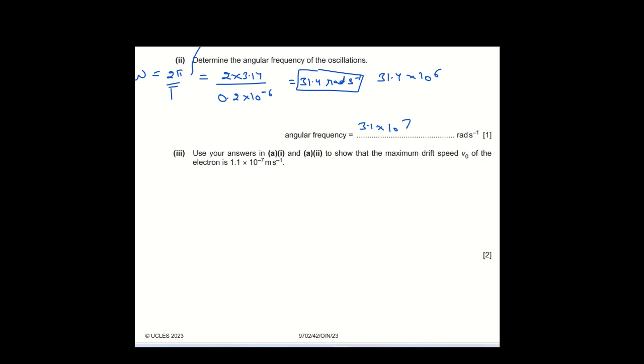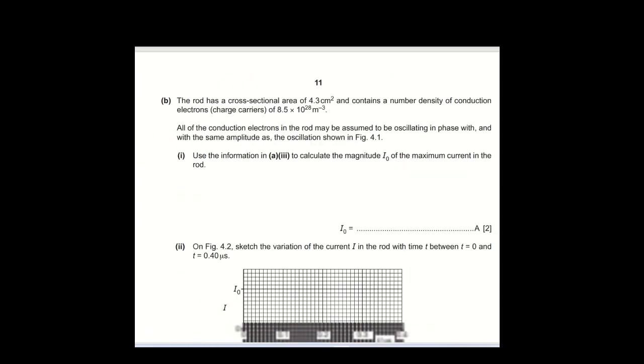So for maximum drift speed you can write V maximum, V naught, is equal to omega x naught, where omega is angular speed and it is 3.1 into 10 raised to power 7, and x naught is the amplitude that we have calculated, 3.6 into 10 raised to power minus 15. On solving this, you will get 1.1 into 10 raised to power minus 7 meter per second. So this is the drift velocity of the electron.